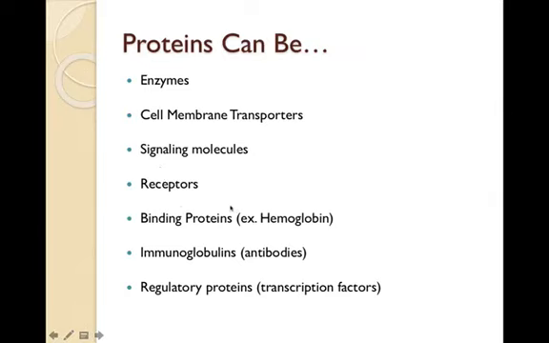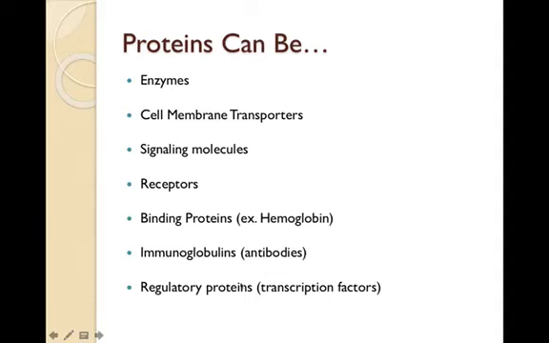Proteins are used in the body as binding proteins. So the example of hemoglobin, it exists within red blood cells and it binds to oxygen to allow for transport of oxygen from one part of the body to the next. Proteins are also used in the immune system and the immune response as immunoglobulins or antibodies. So those are just proteins that can help identify foreign substances within the body.